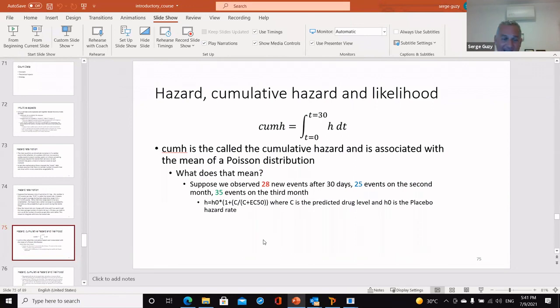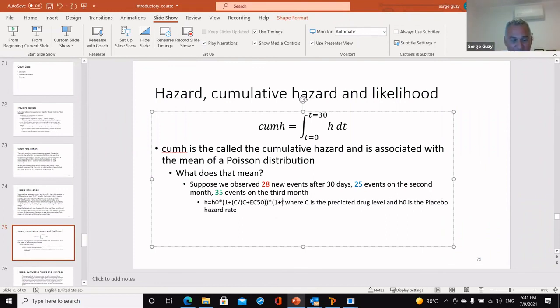Now, sometimes you can see that even for placebo data, the number of events increases with time. I can even write it here: (1 plus a function of time). That would reflect whatever function you have, like an exponential decrease or increase, and this could account for it.